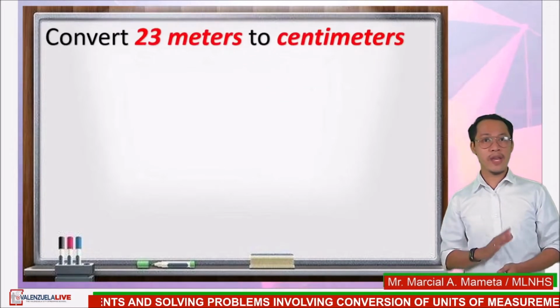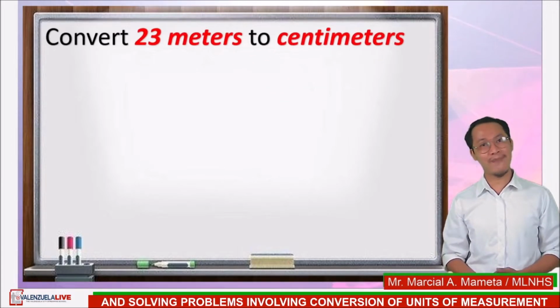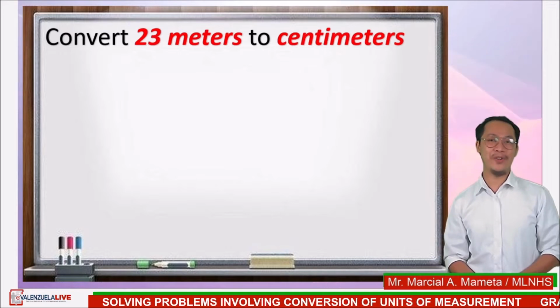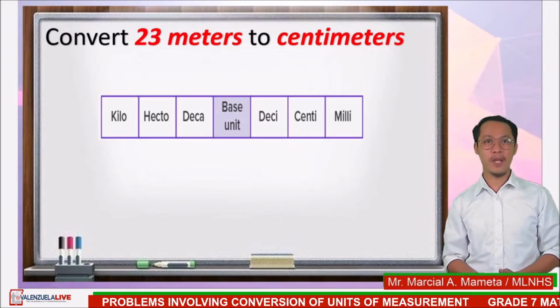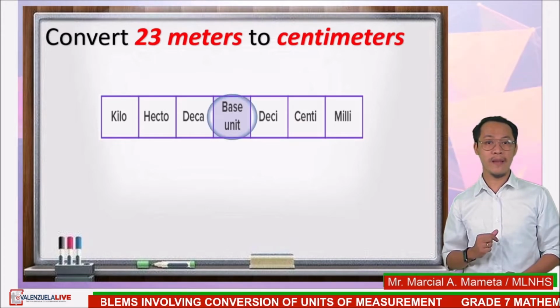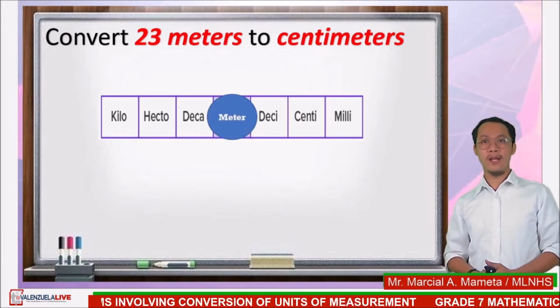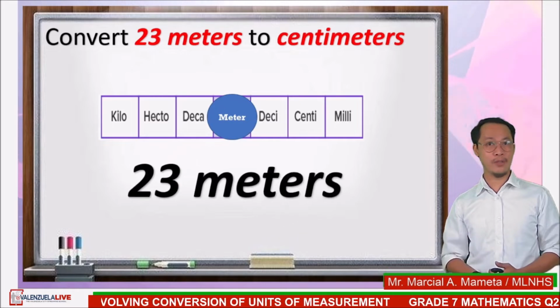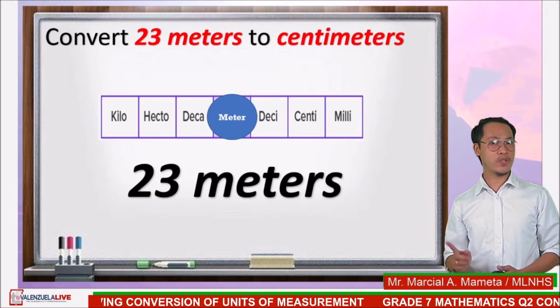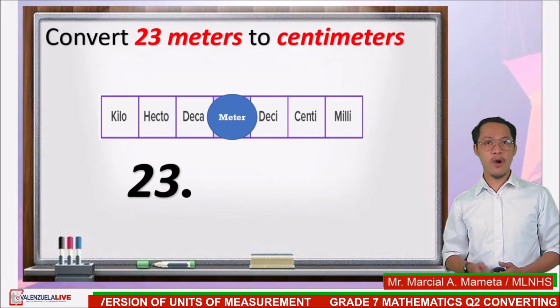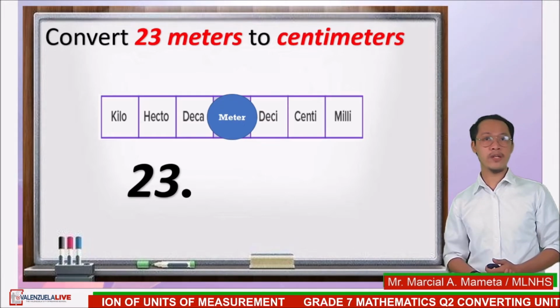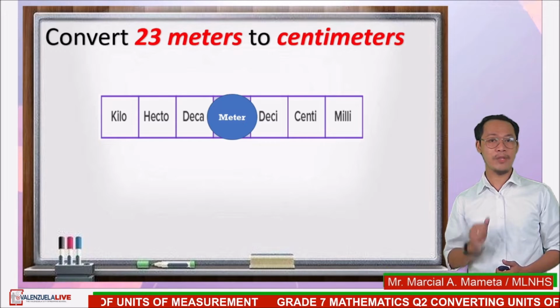Let us try to convert 23 meters to centimeters. So we are going to use the conversion line with the base unit as meter. We need to convert 23 meters. Take note of the position of the decimal point. Our starting point in our conversion line is meter.